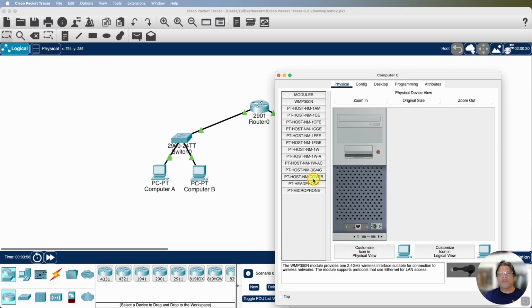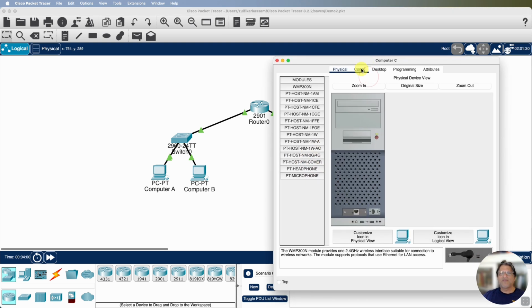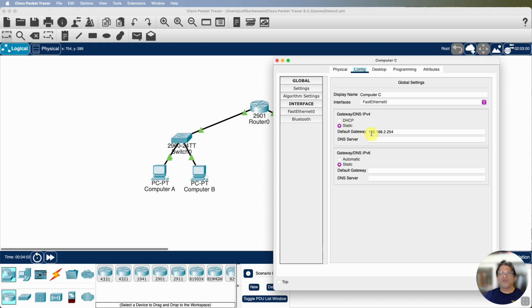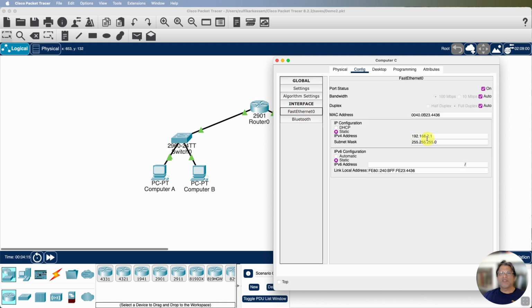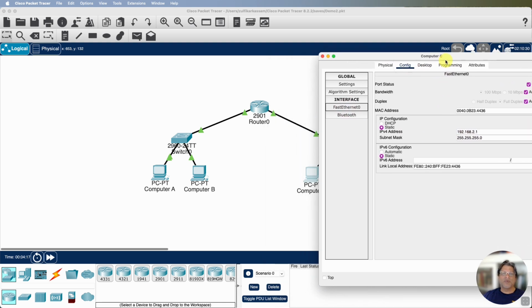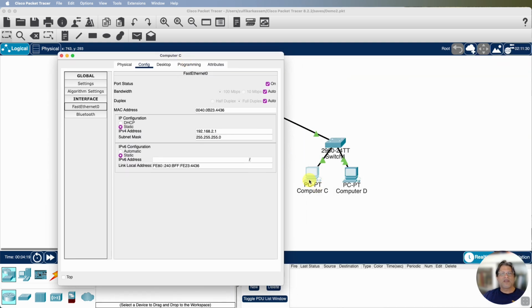If we look at computer C, we have the configuration as using the other portion of the default gateway on the other side of the router, 192.168.2.254, right? And its own IP is 192.168.2.1. Computer C has this address here.